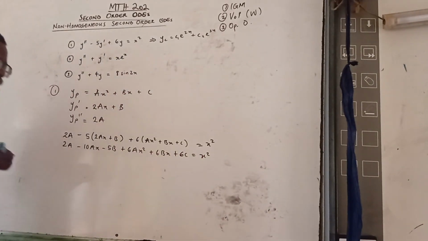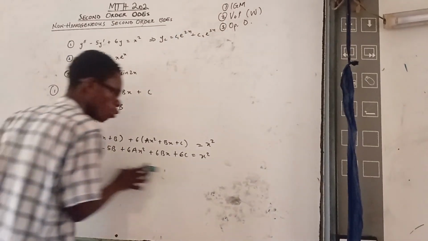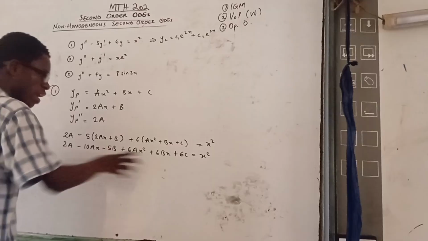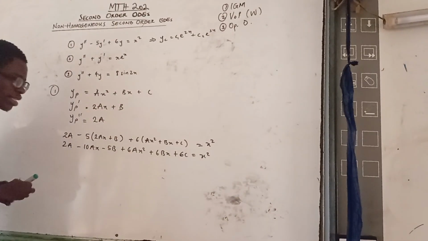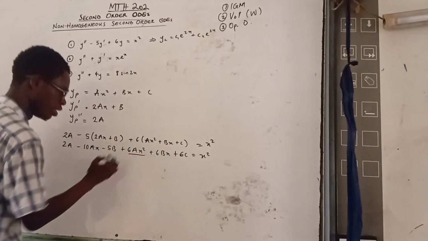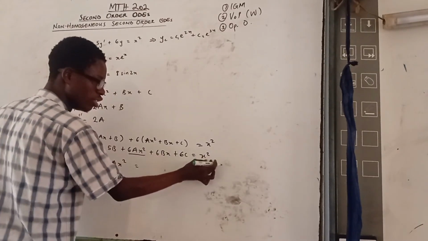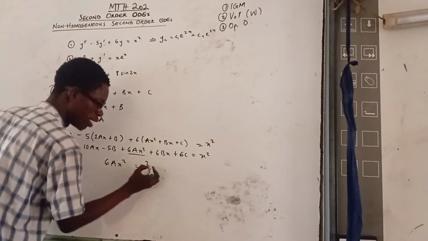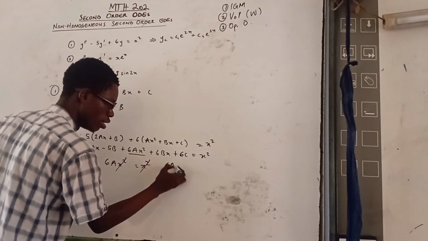So in the initial guess method, you are always going to be comparing. Write out every one of these parts that has x squared. It's just like collecting like terms. This is the only one that has x squared here. So 6ax squared equals x squared. If I divide both sides by x squared, it means 6a equals 1.